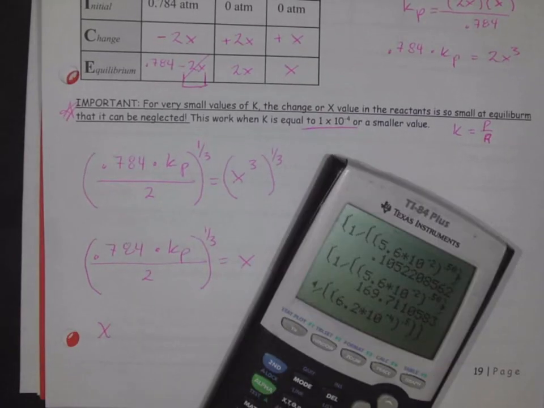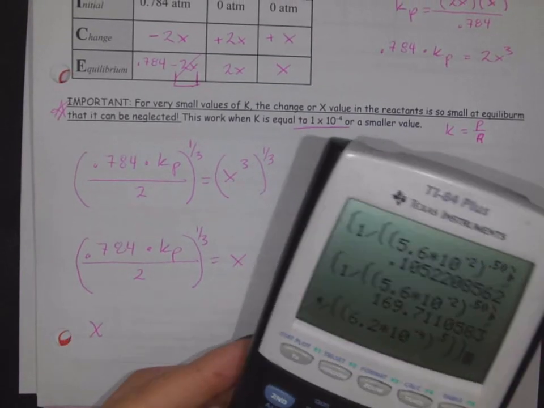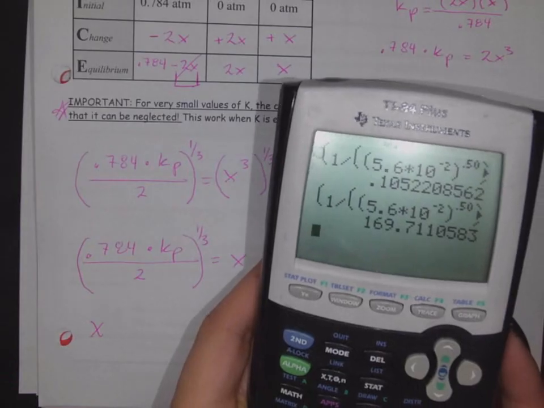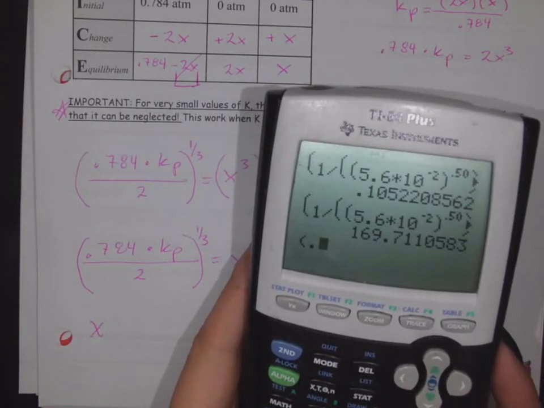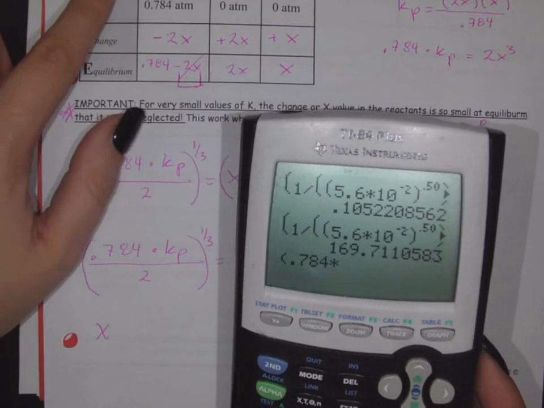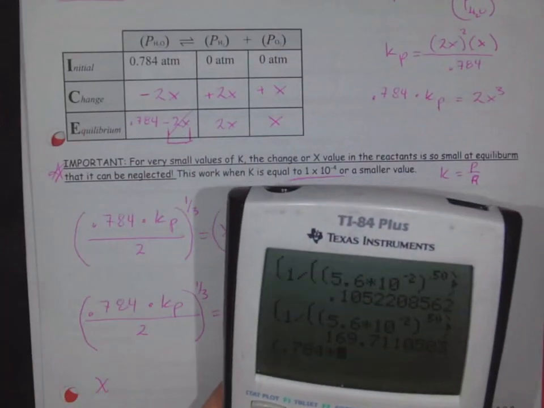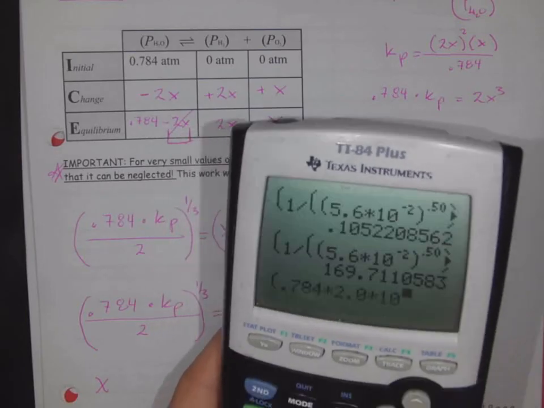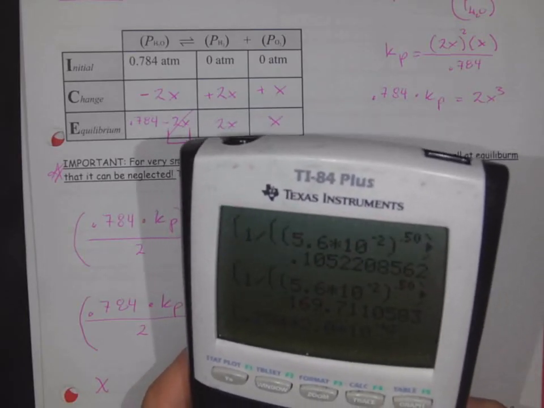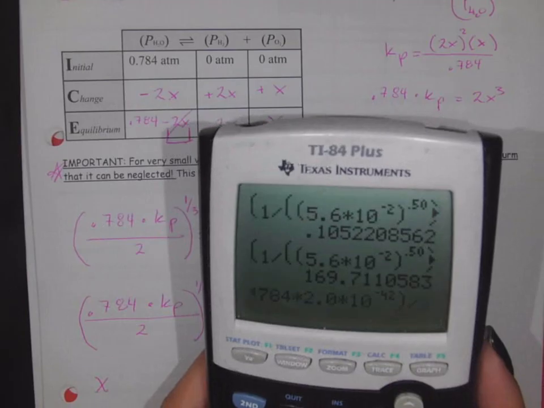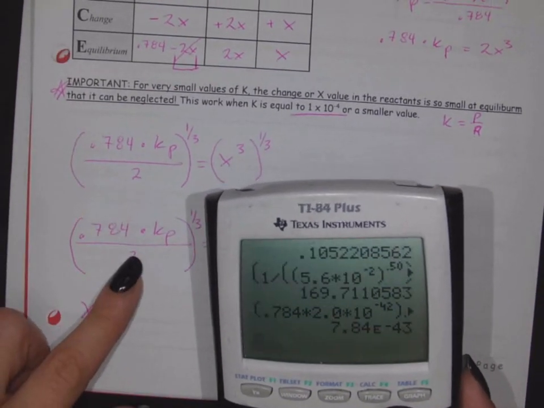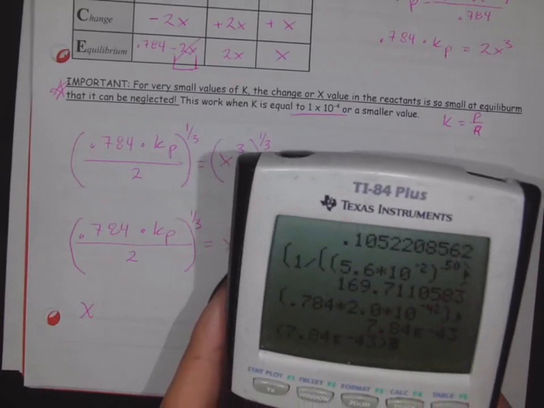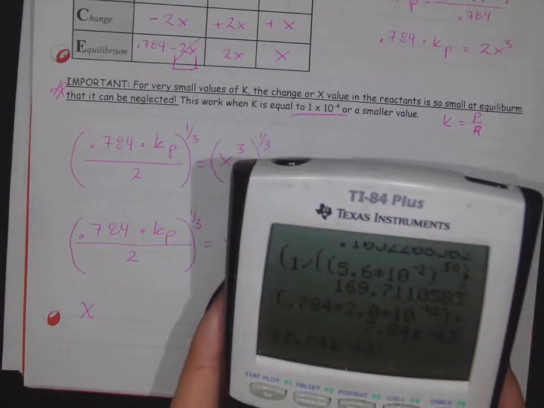Okay, so let's just do what's inside of the parentheses first. So I'm going to do my 0.784 times by my KP value up here, 0.0 times by 10 to the negative 42nd. And I'm going to divide that by 2. So that was just what was inside the parentheses. Now I'm going to take this and raise it to the 1/3, or take the cubed root.